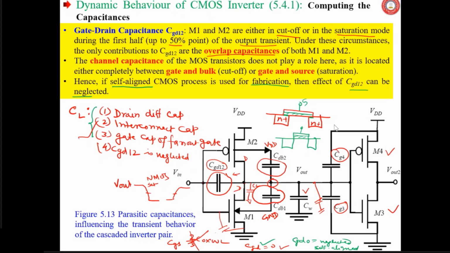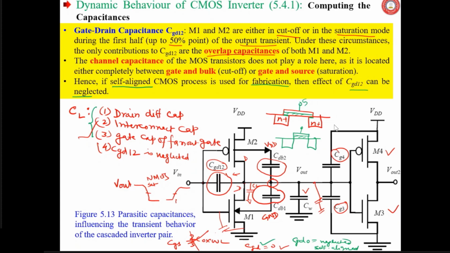And then when it is rising, initially what was it? Output is rising means it was 0, means the NMOS was on.